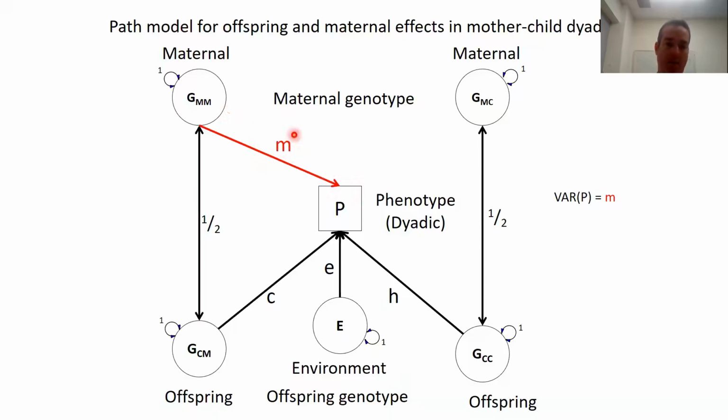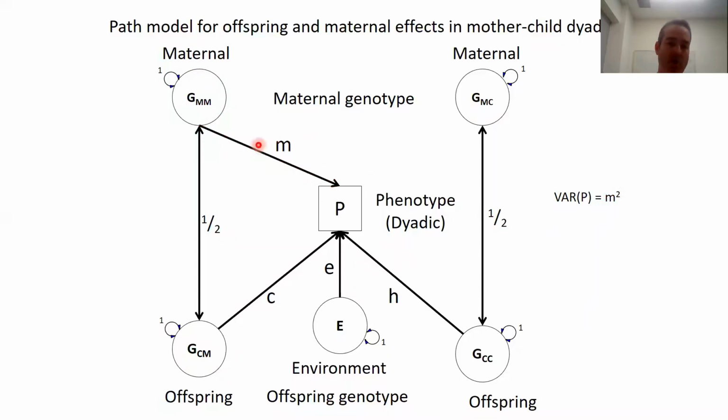So we would take M, multiply it by 1, going round this double-headed arrow, and then back along M. So we've got M multiplied by 1 multiplied by M, or M squared.